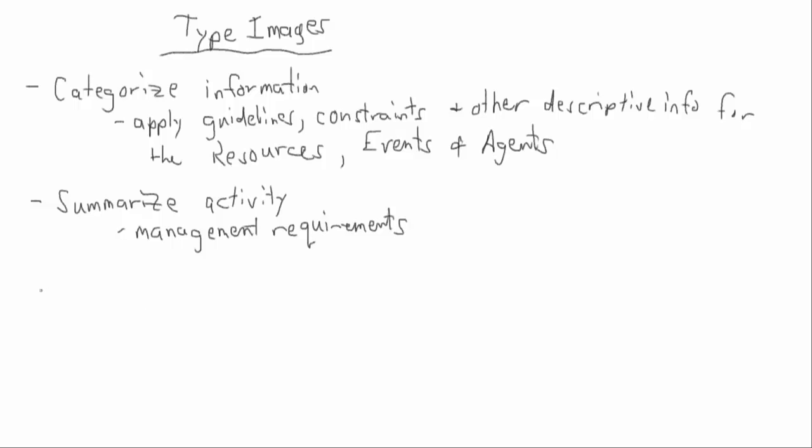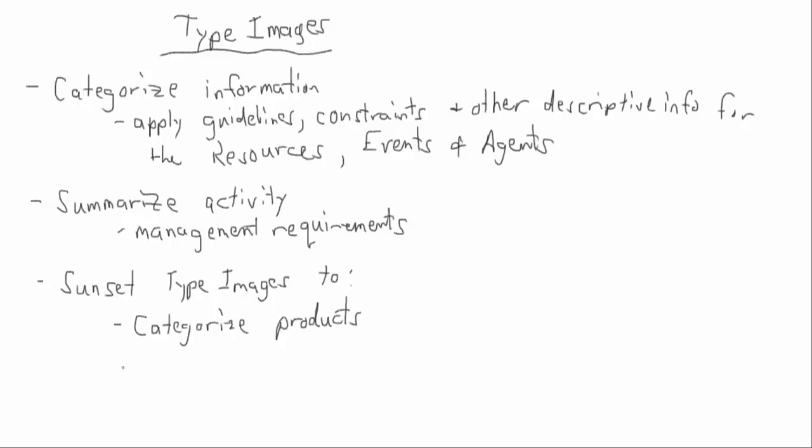So for Sunset, here's what they want to do from a type standpoint. Sunset type images to categorize products. They do have different product categories. Provide order status.